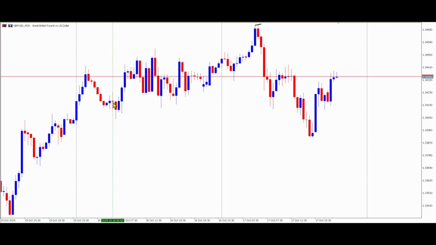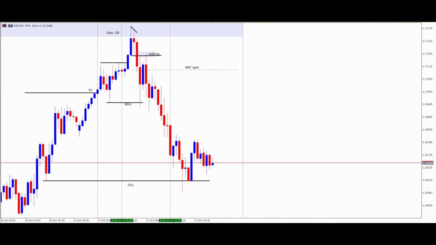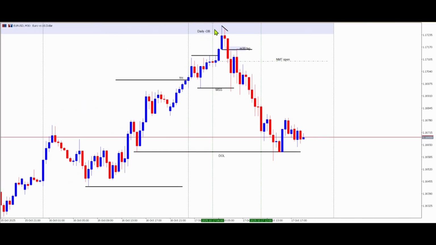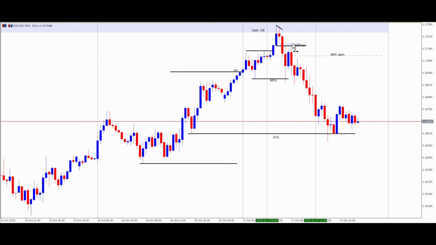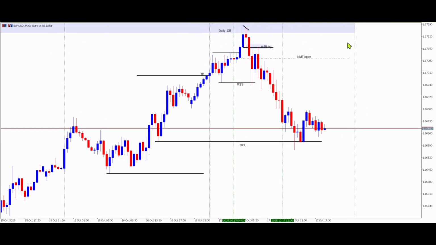Higher high while we have a lower high. SMT after reaching higher time frame area of interest, bearish order block, boom, nice trade.